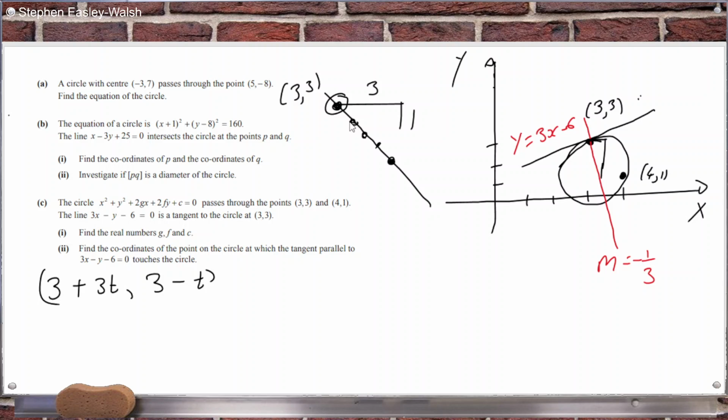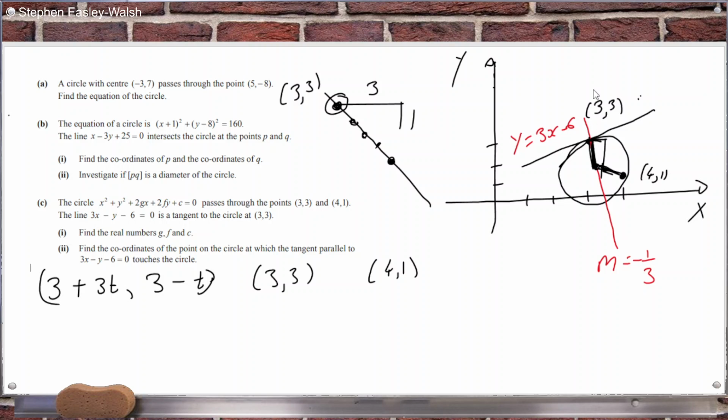And then t is 1, it means you come out 3 units and go down 1. So that'd be 6, 2, etc. And I have to land somewhere on this line. So the distance here and the distance here, they're equal. So the distance from there to 3, 3 and from there to 4, 1, that has to be equal. Which means the squares of the distance have to be equal as well.